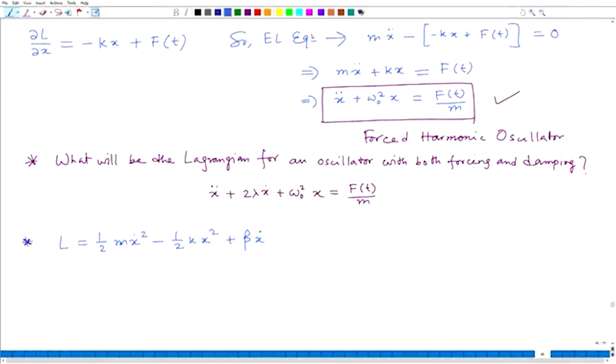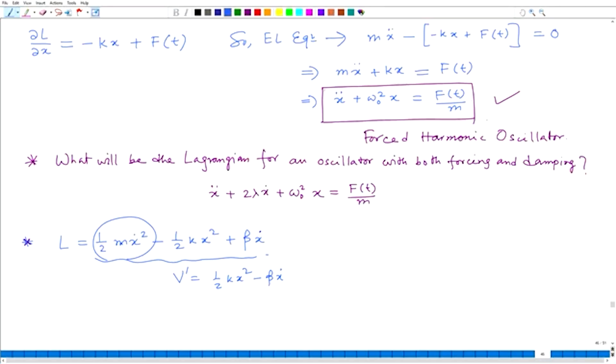So, I can think this has a form which is still t minus v, where this is t and this part is v prime, which is half k x square minus beta x dot, but this v is not a function of coordinates only, this v is a function of velocity as well, because it contains x dot.